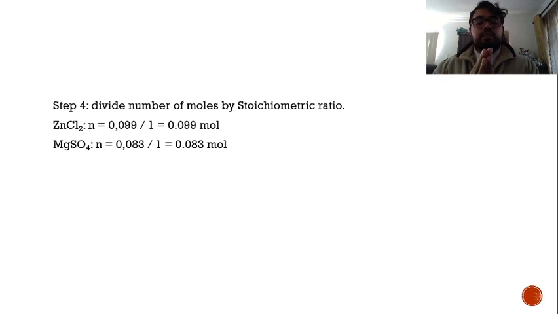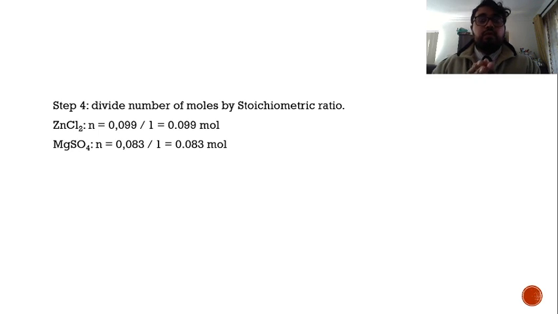So if we look at this value here, we need to say that 0.083 moles of magnesium sulfate is going to react with 0.099 moles of zinc chloride.